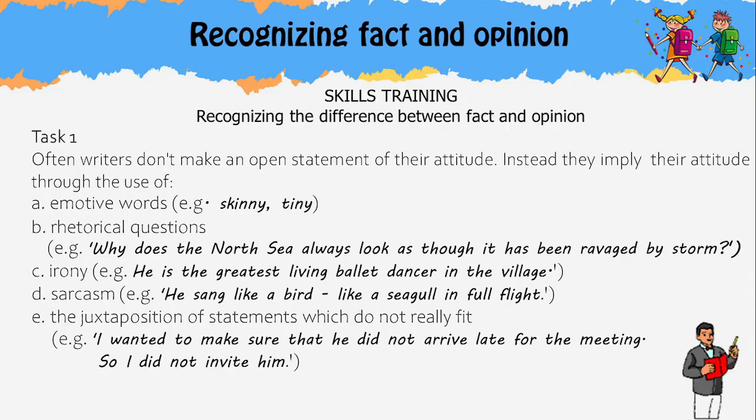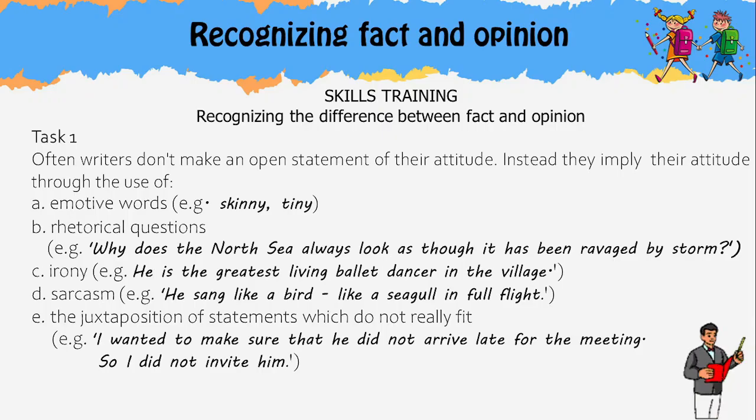So we sometimes express our thinking, our attitude by using rhetorical questions. So the question that we do not need an answer for. We just want to express our thinking, to emphasize something. Like, why does the North Sea always look as though it has been ravaged by storm?